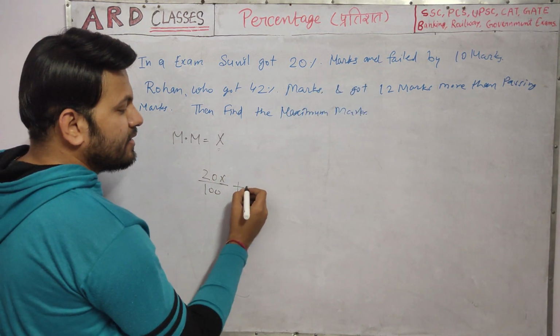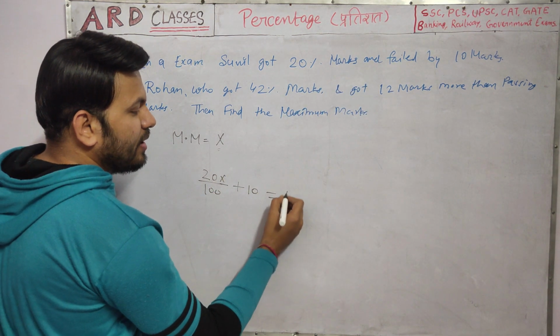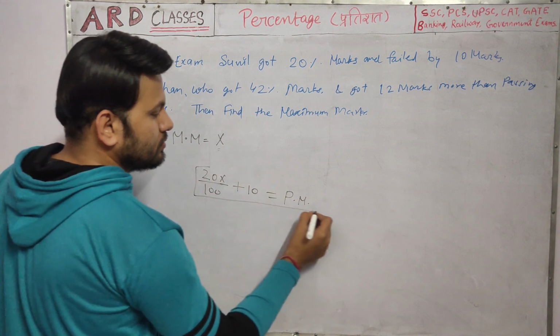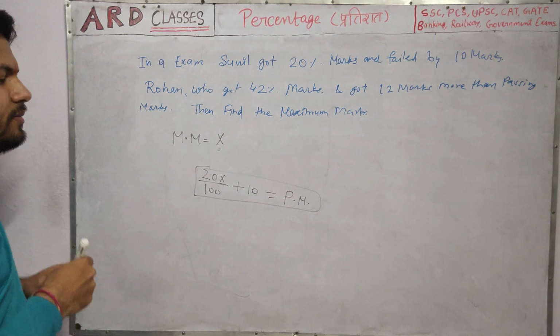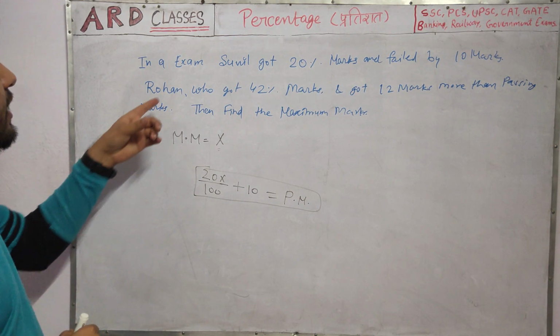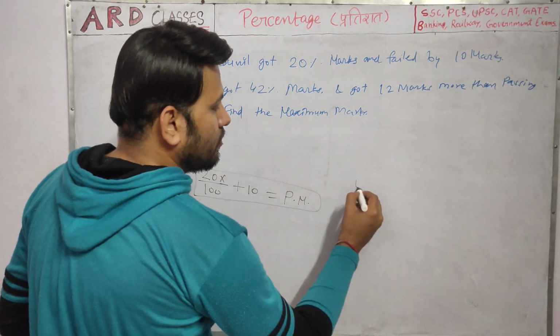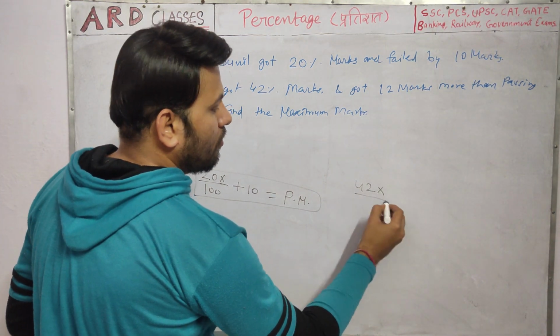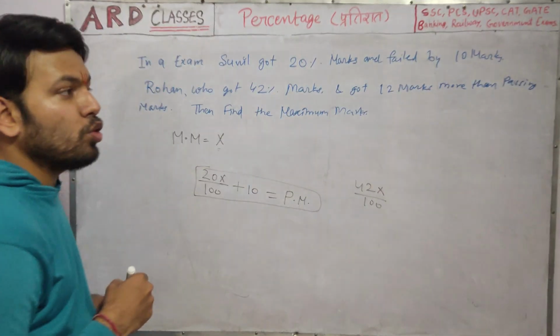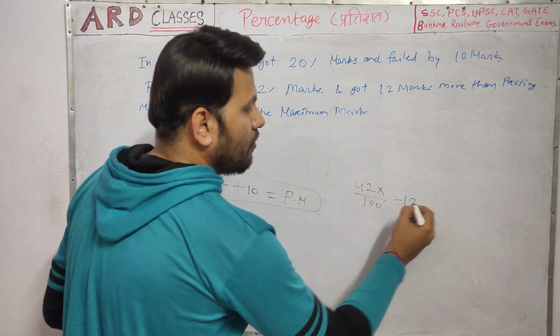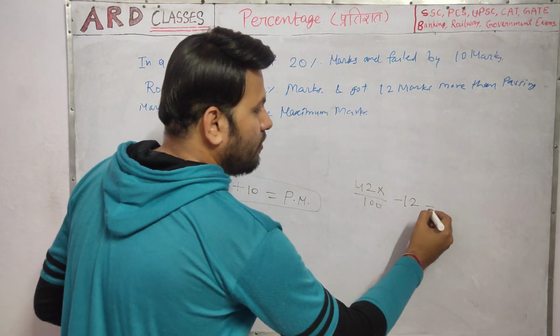If we add 10 to this, it will become passing marks. Clear this one? Similarly, Rohan who got 42% marks, 42% of x, got 12 more marks. Minus 12, then it will come to passing marks.